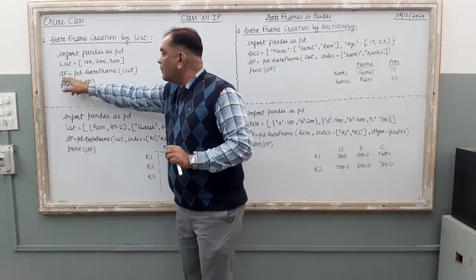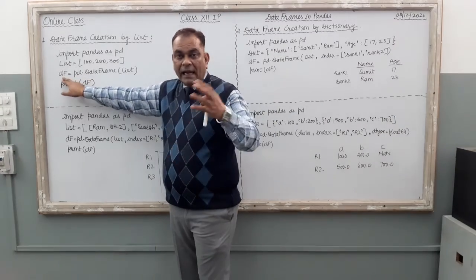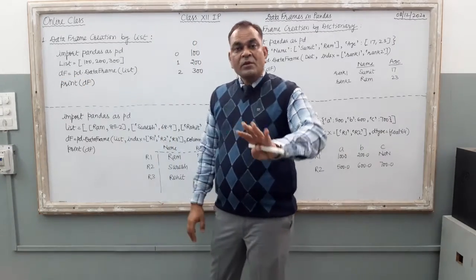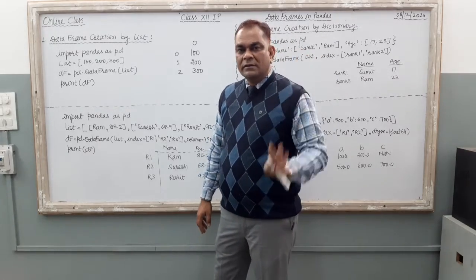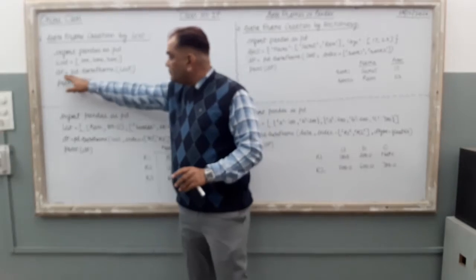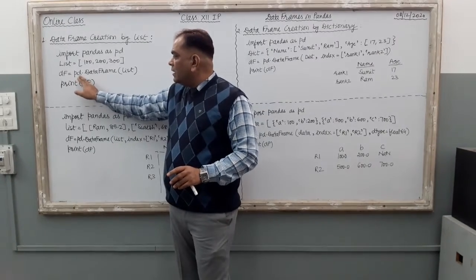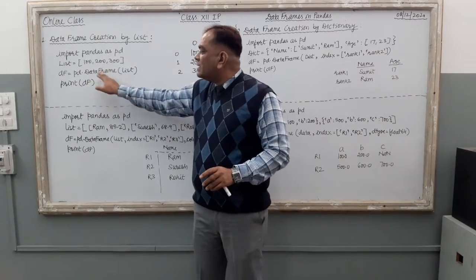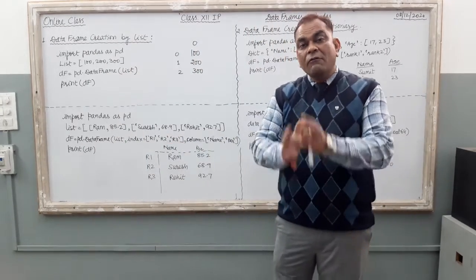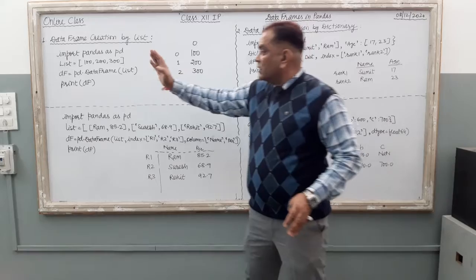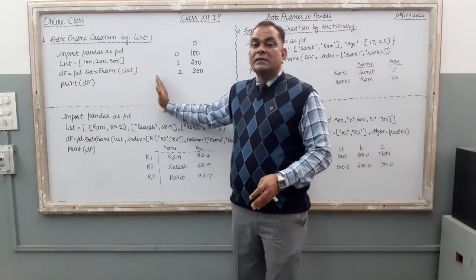Now just see the third command, df. It is the name of your data frame. You can set the name as per your wish. So here, df equal to pd dot DataFrame. It is the compulsory command if you want to create the data frame. In the previous video, we already discussed the parts of this command.